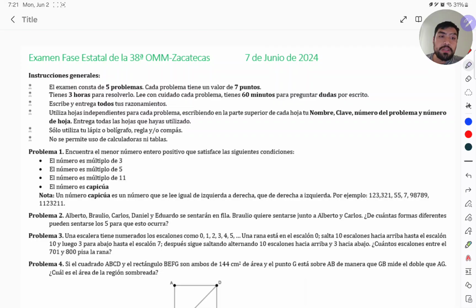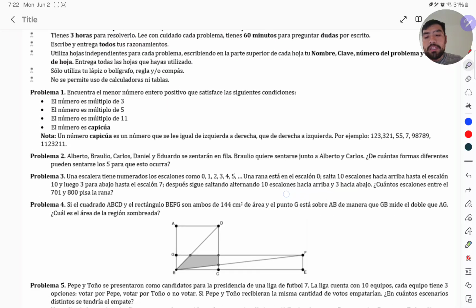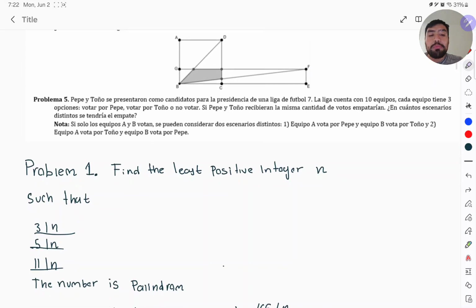The students could also send their questions to the committee in order to make the statements about the problems clearer. And the problems are quite good, in my opinion.